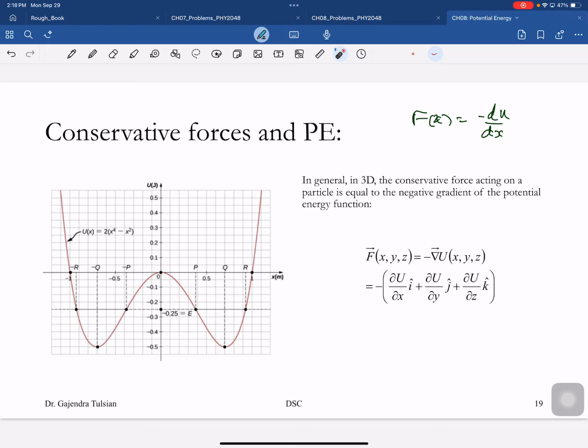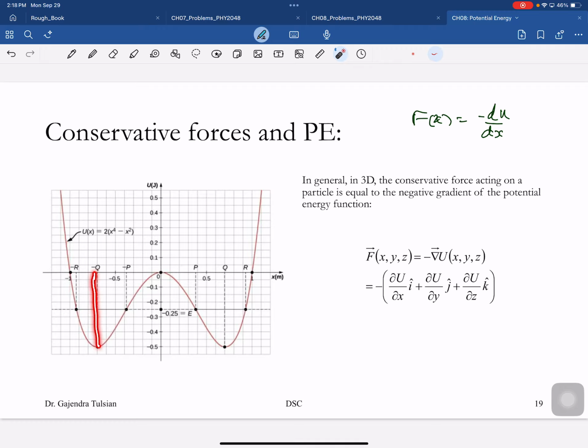That's unstable. Why is it unstable? Let's calculate the force at this point. At this point, du by dx is negative. Negative of negative is positive. The object would move in this direction. If it was here, du by dx is positive. Negative of that is negative. It would run away. So if the object moves away from this location, it runs away.